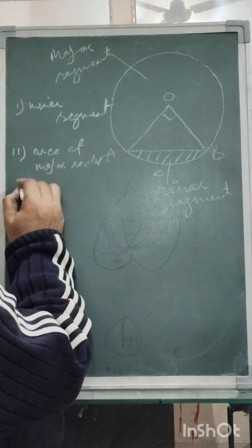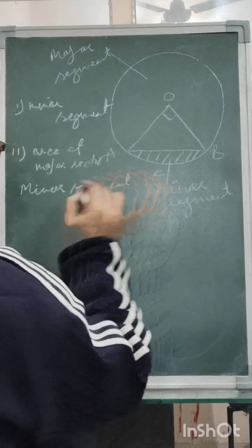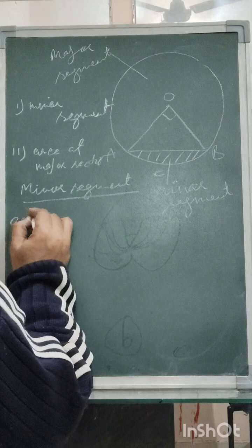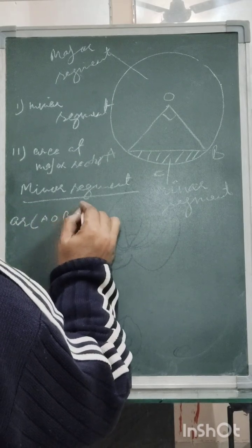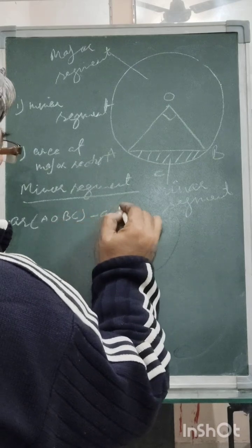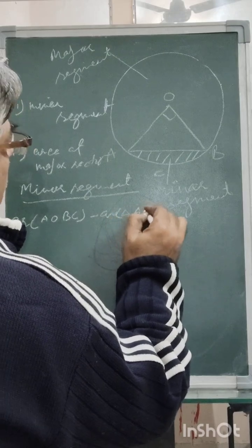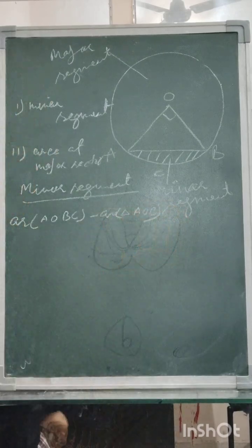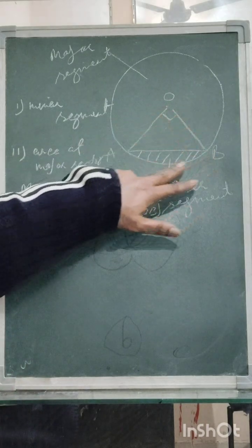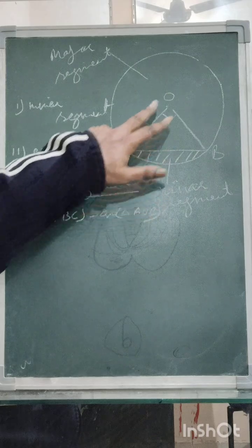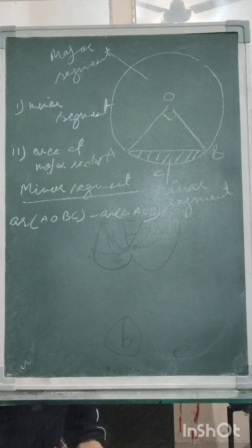So, in the first part, we are calculating the area of the minor segment, which is equal to area AOBC minus area of the triangle AOB. This would give us the area of the minor segment.